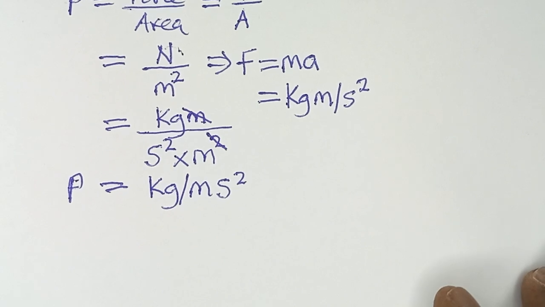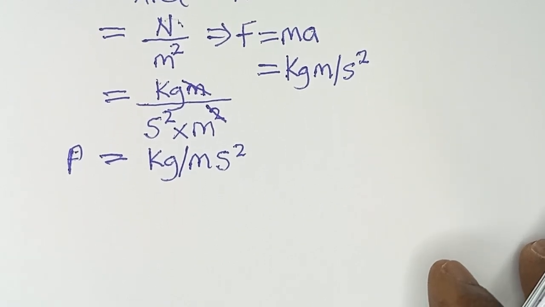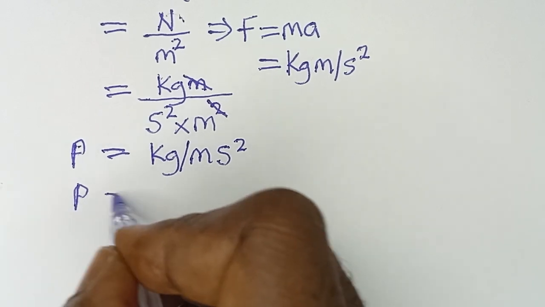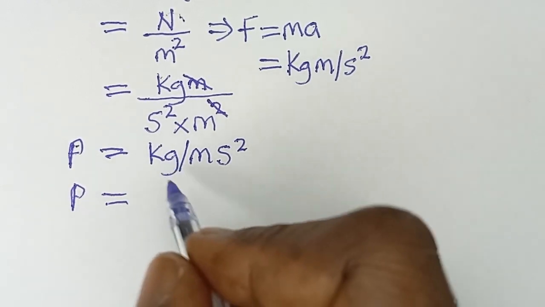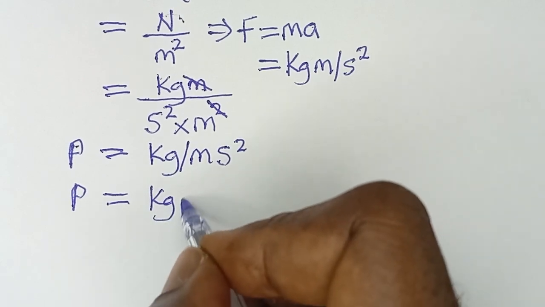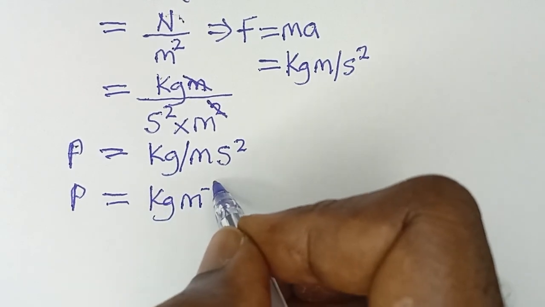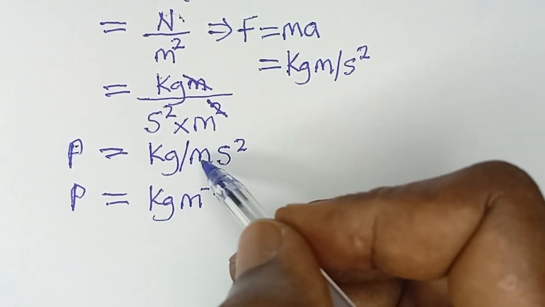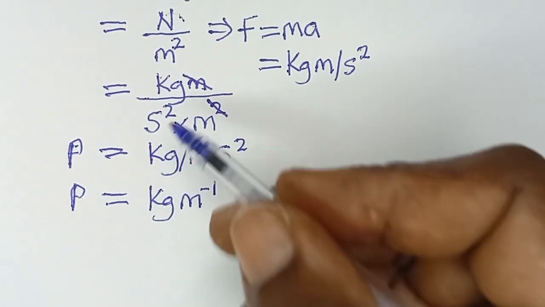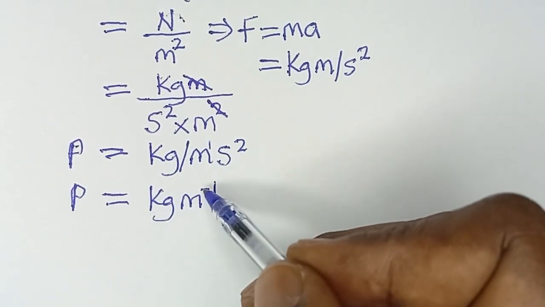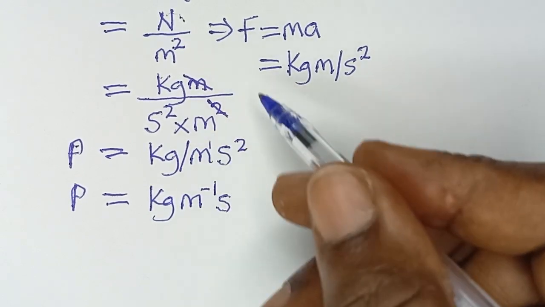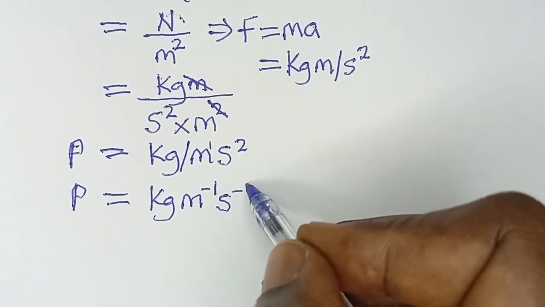Now, the other conventional way of writing this unit, that is the original unit of pressure, is kilogram per meter per second square. So I can take this meter as -1 because this is under. So if it comes up, because this is like raised to power 1, when it comes up to meet kg, it becomes -1. So similarly, this second square, when it goes up, it becomes -2.